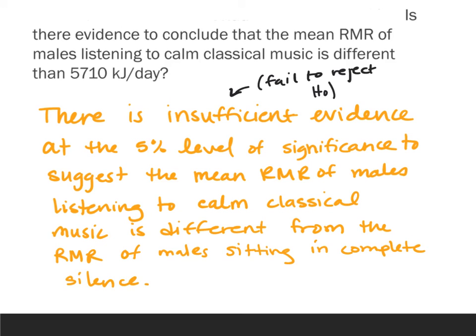And either way would be right, but that's what we were testing. We were testing if it would be different to be sitting in silence versus listening to classical music.